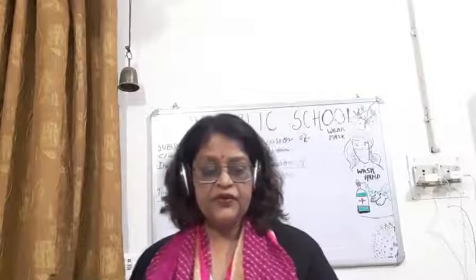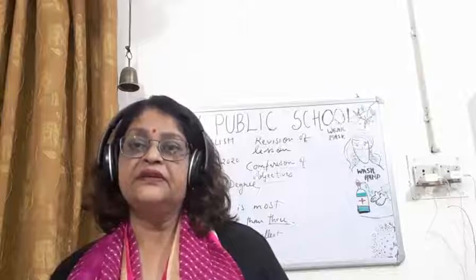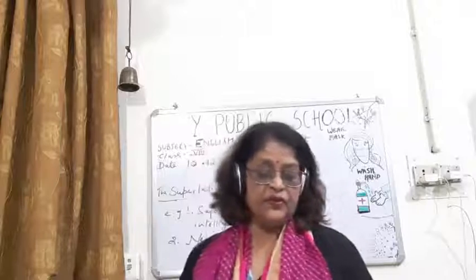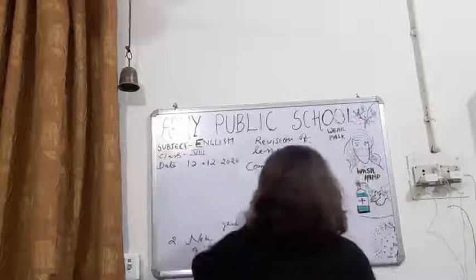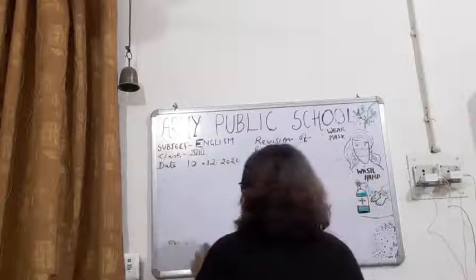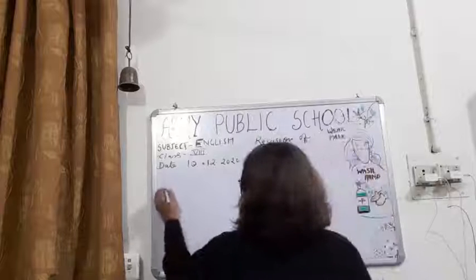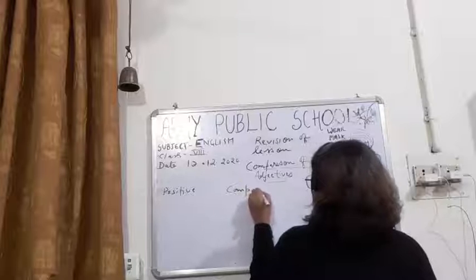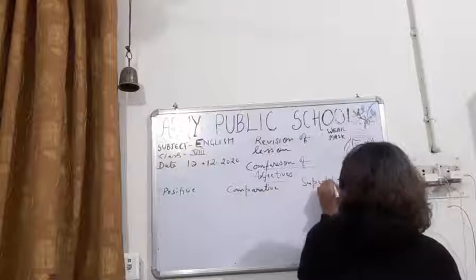Now children, how do we form the comparative and superlative degrees? I think you must all know how the comparative degree is formed and how the superlative degree is formed. So children, first we will write the three types of degree here: positive, comparative, and superlative.